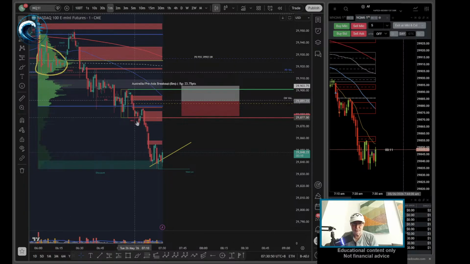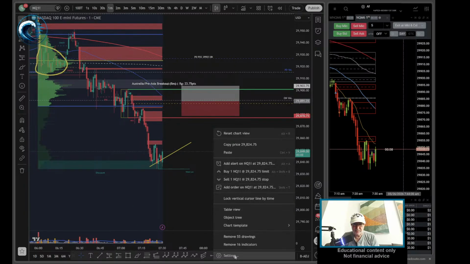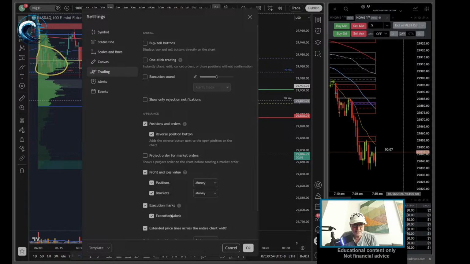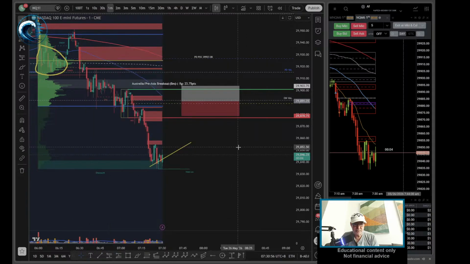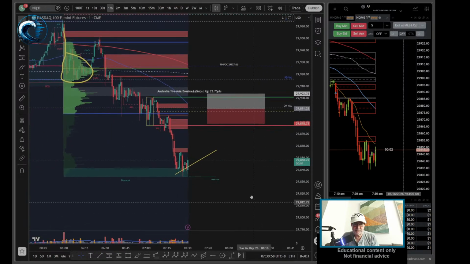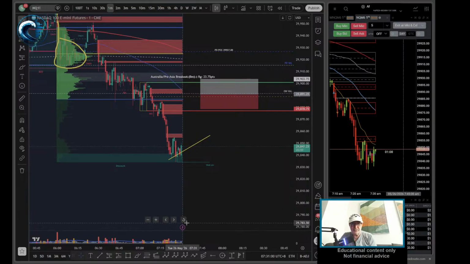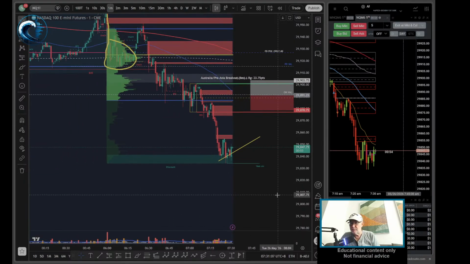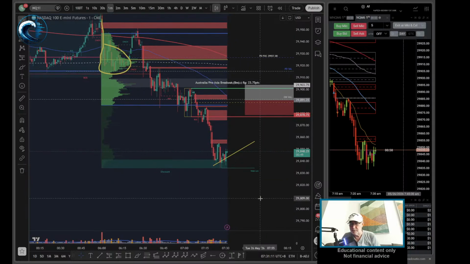Okay. For starters, did I execution marks? Just trying to sync TraderVate into my TradingView chart, which is sometimes a bit finicky. Anyway, whatever.